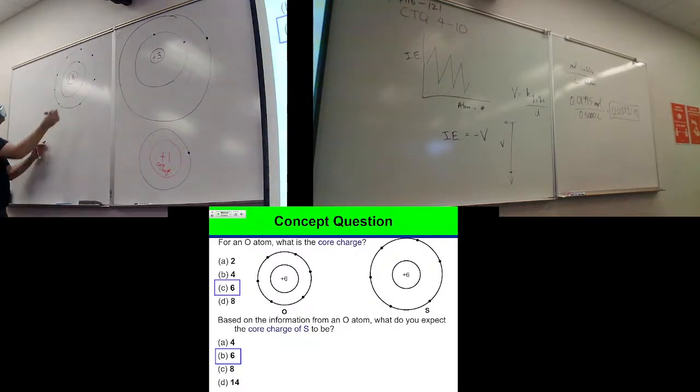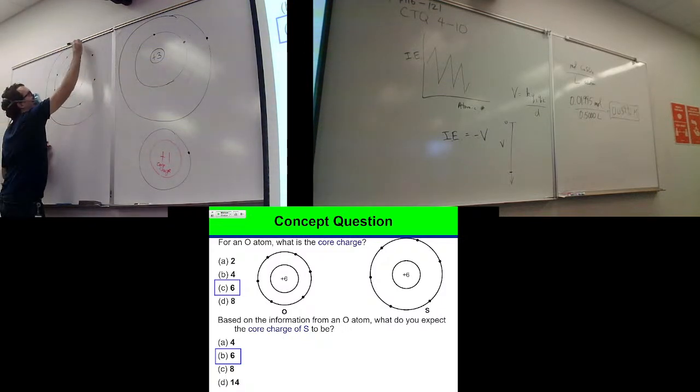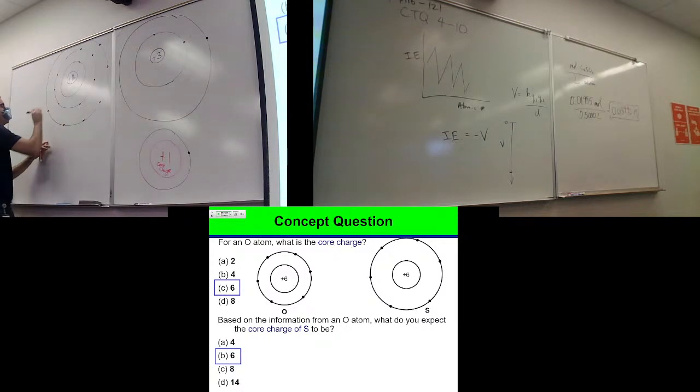I need 6 more. So our third shell is going to have 6. And then we'll do nuclear charge minus inner electrons. Now there's 2 shells that are inner shells. That's the valence shell. So this has 8 plus 2, 10 total inner electrons, which is plus 6.